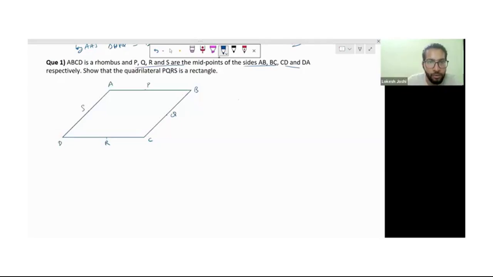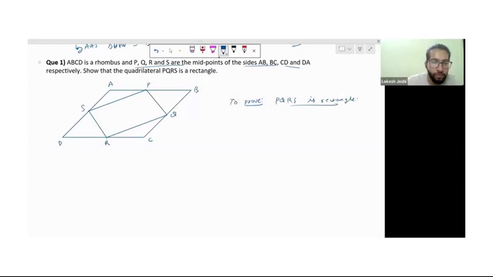So we have to show that the given quadrilateral PQRS is a rectangle. If we join this, so we have to prove in this question that PQRS is a rectangle.